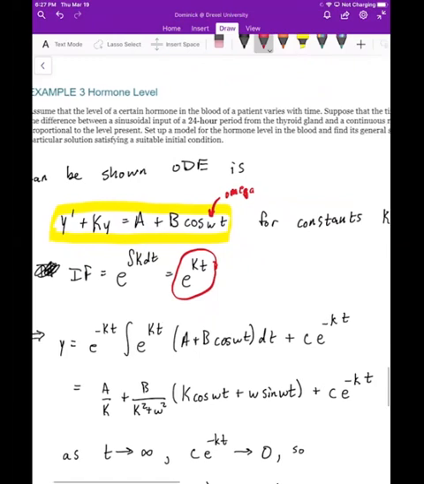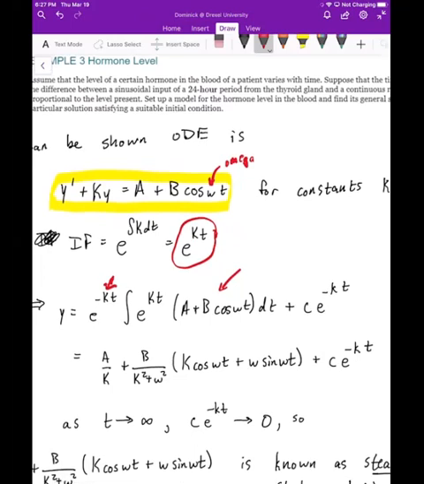Well, that means that this is sort of the 1 over your integrating factor, so we can write it as e to the negative k times t. And then we have the integral of our integrating factor times our non-homogeneous term here. This is like your r of x, if you want to think of it that way. And then plus c times, again, 1 over the integrating factor.